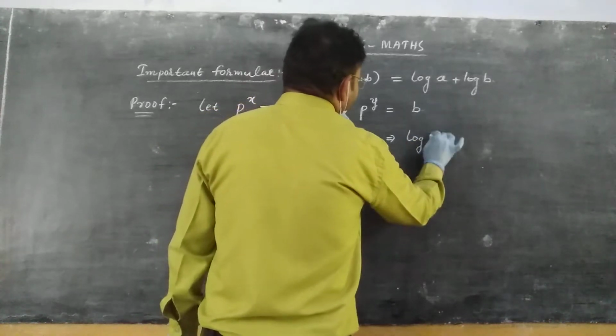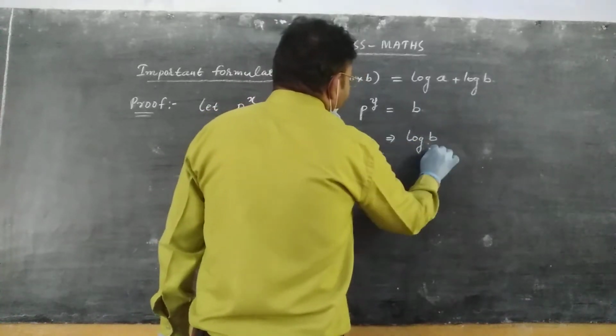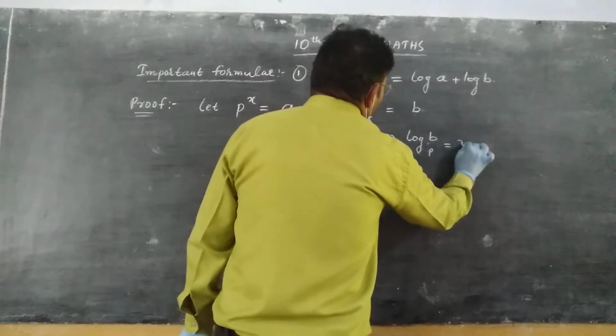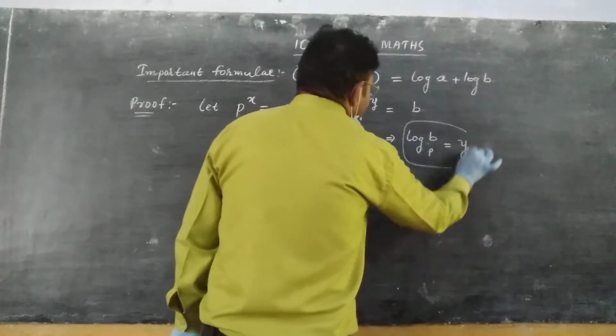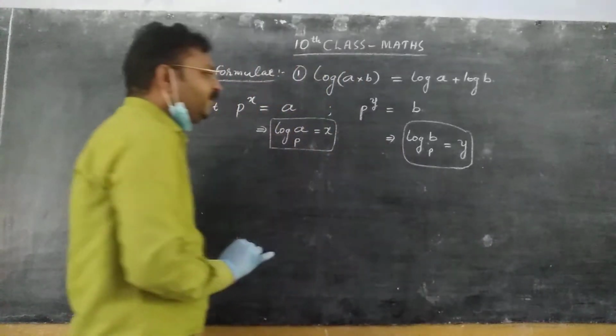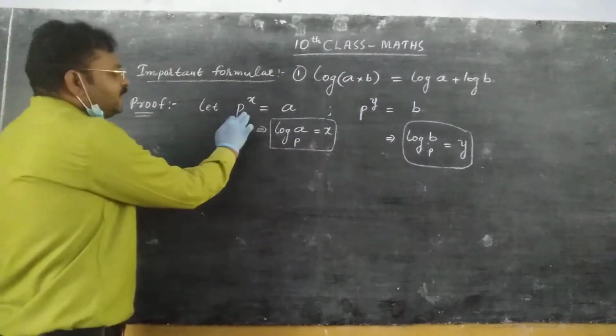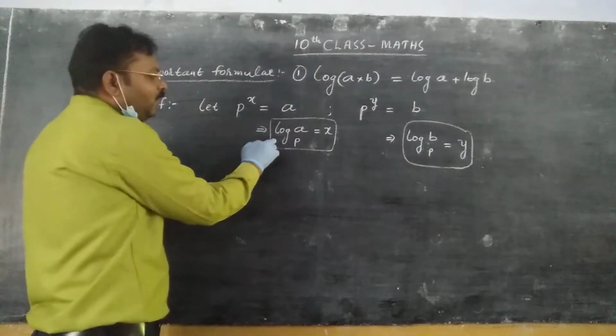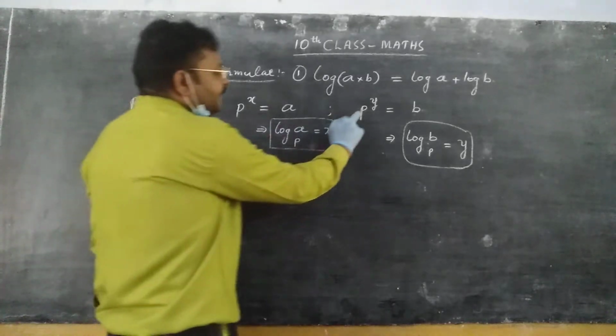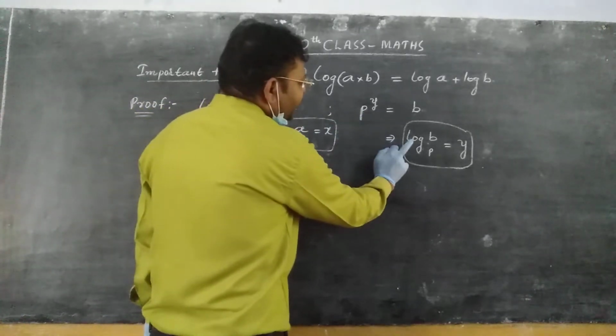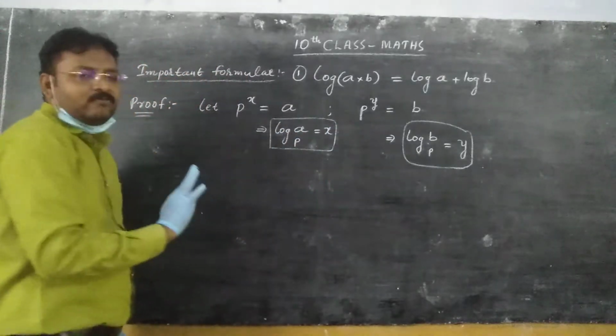It can be written as log b base p is equal to y. This is the second logarithmic form. Exponential form is converted into logarithmic form.